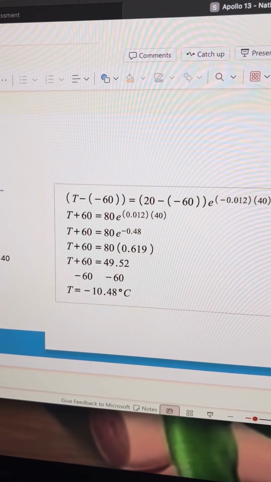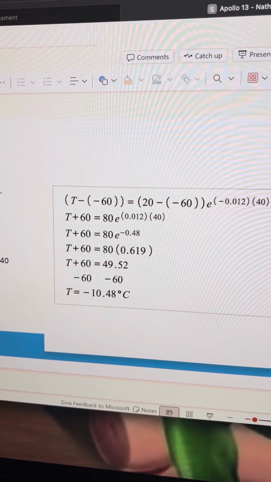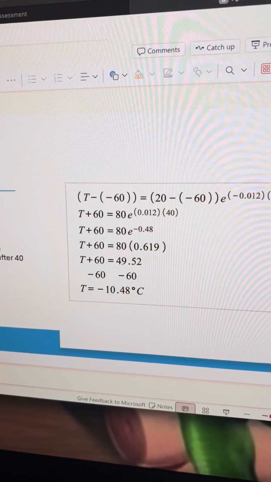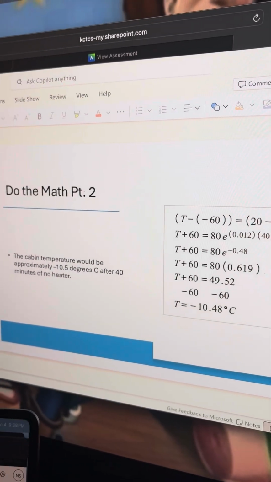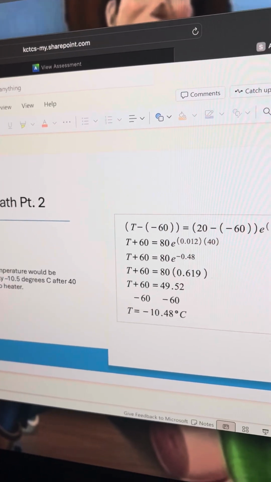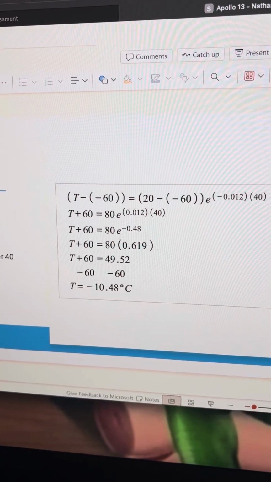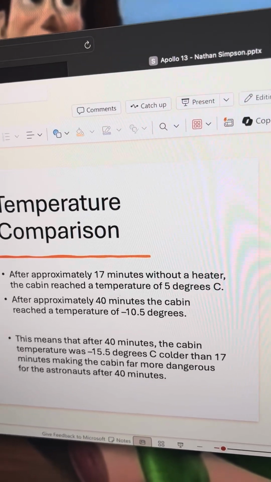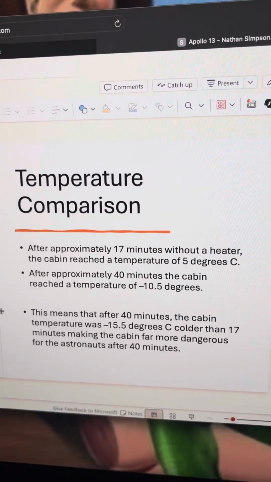That's what I did. And then I ended up getting negative 10.48 degrees Celsius, which I roughly rounded to negative 10.5 degrees Celsius after 40 minutes.